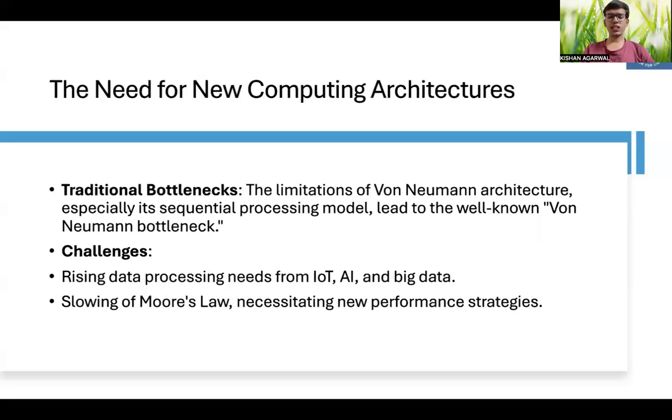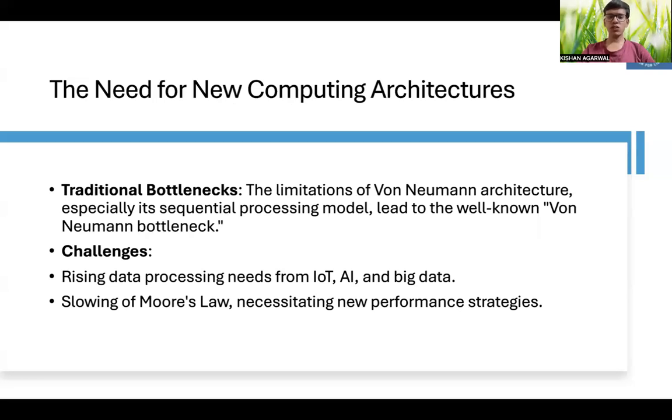First of all, we'll see why we require a new computing architecture. The traditional bottleneck: the limitation of von Neumann architecture, especially its sequential processing model, leads to the well-known von Neumann bottleneck.